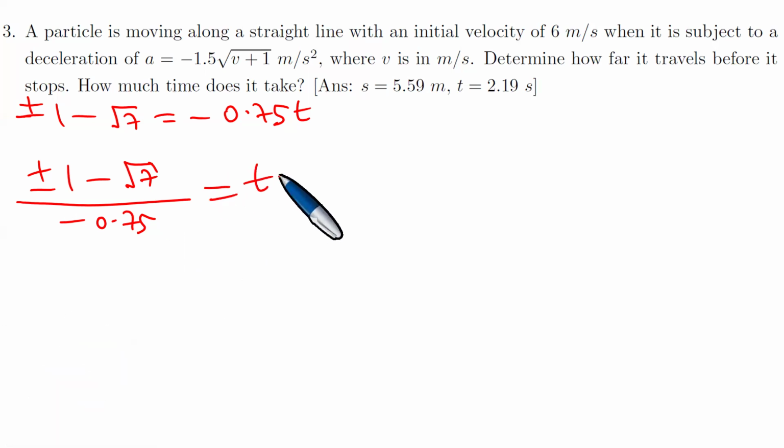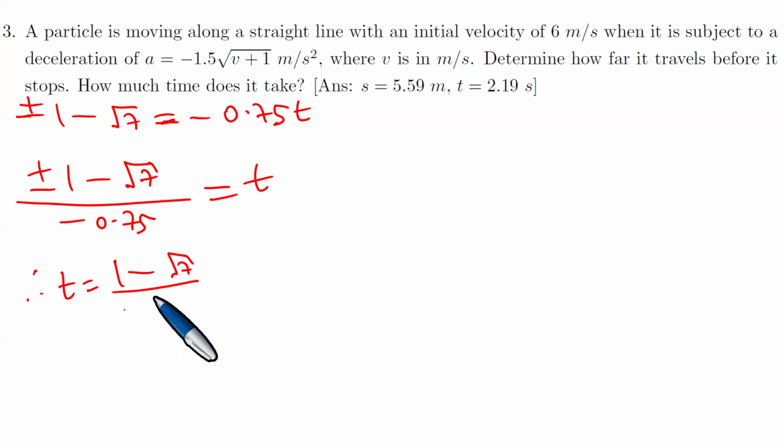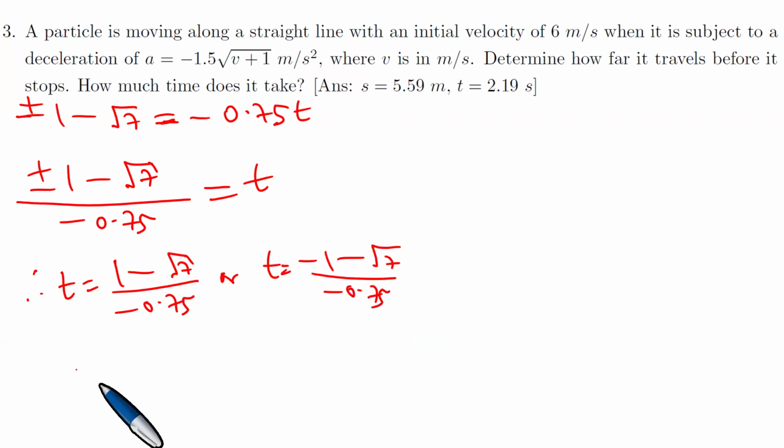Okay, but now reason with me because this is very, very interesting. Which one is going to produce the positive time here? So therefore, t is two values. We take 1 minus the square root of 7 divided by minus 0.75, or t is minus 1 minus the square root of 7 divided by minus 0.75.